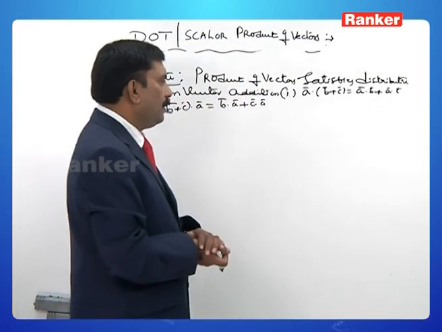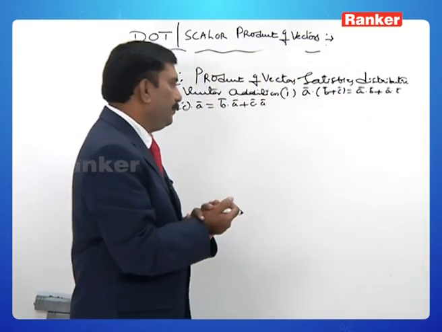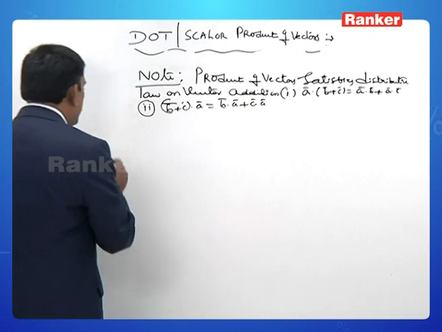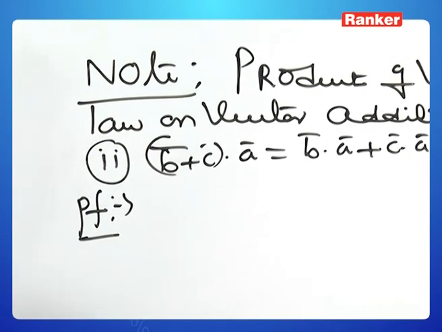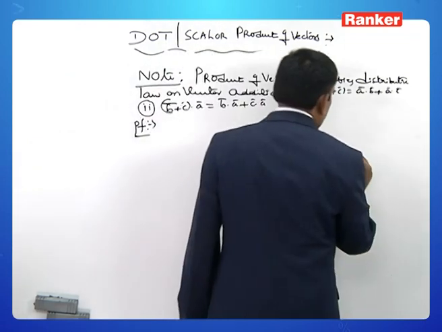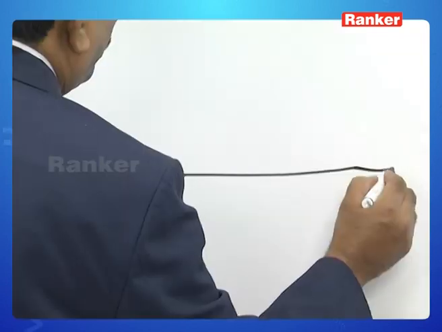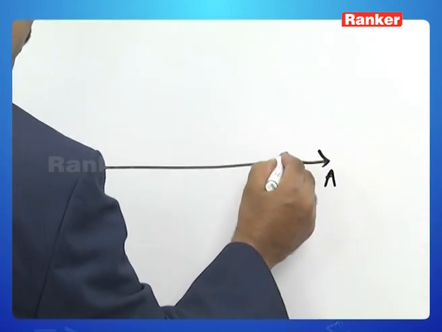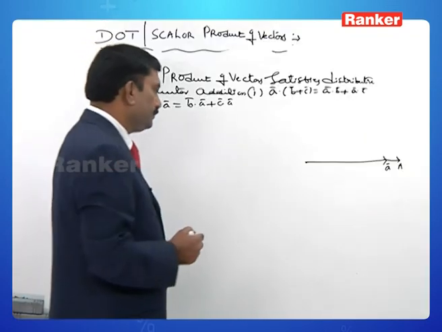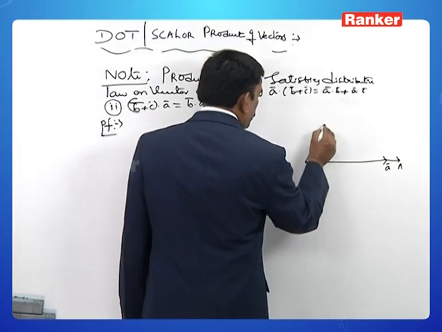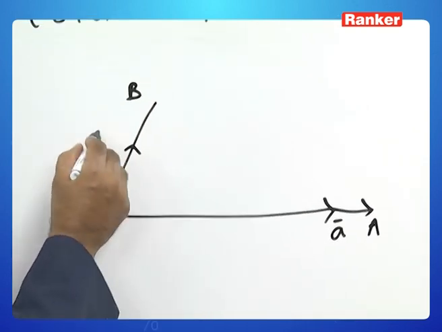Let us see how you find this out. I'll give the proof for the left distributive law. Let us start. Proof of this one is, if I draw a figure, OA bar is equal to A bar. Now, OB bar is equal to B bar.